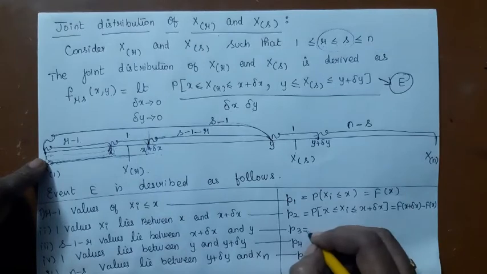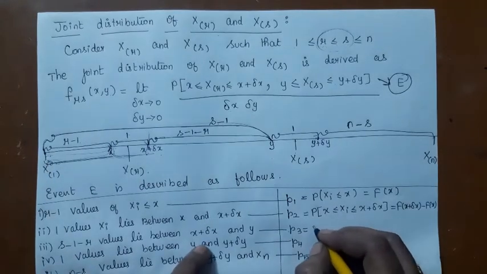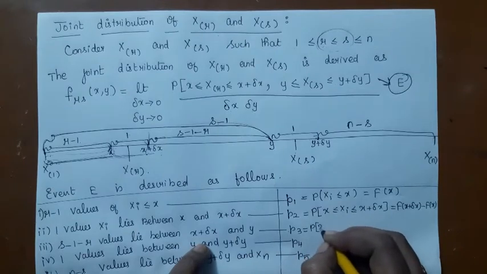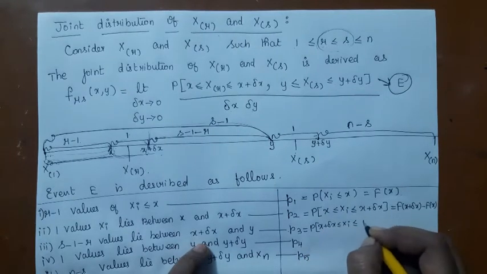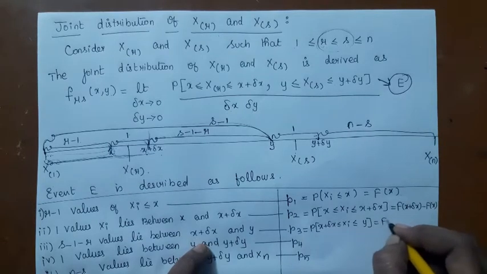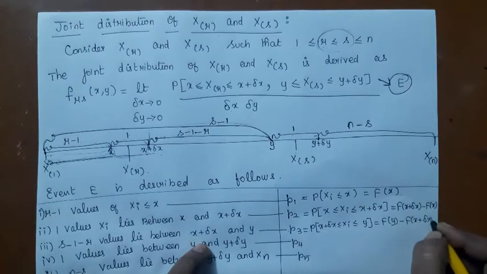Now P3. What is P3? The probability that x plus delta x is less than or equal to Xi, less than or equal to y, which can be written as F of y minus F of x plus delta x.